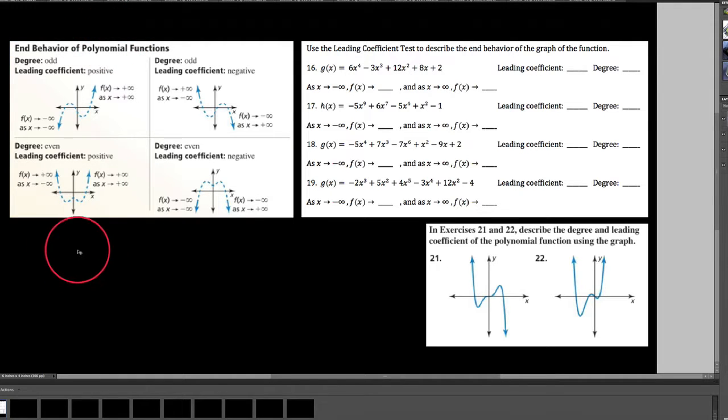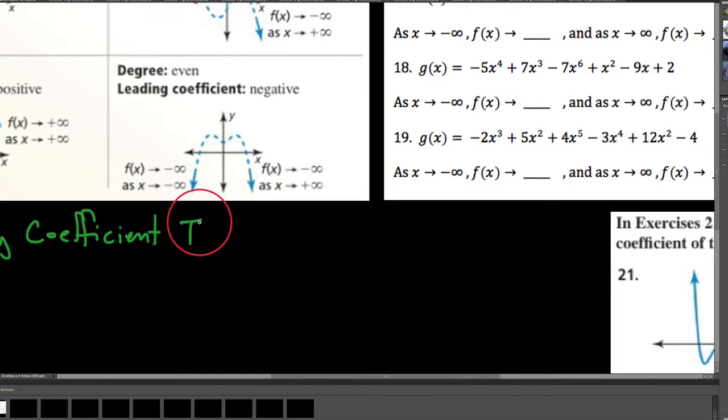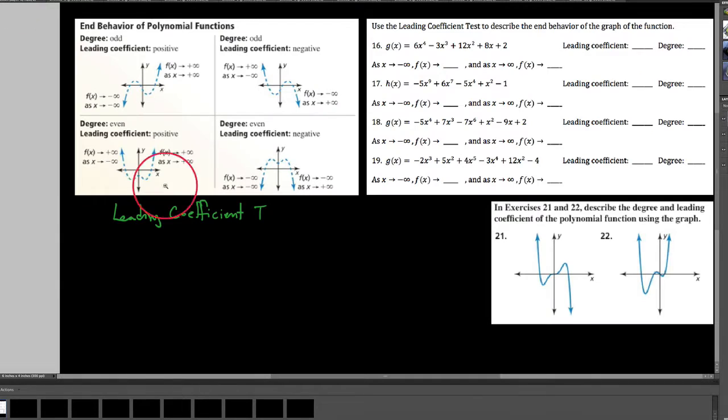What that means is if we have our polynomial and it's written in standard form, then we could use the leading coefficient test to tell us about the end behavior of the graph just by knowing the leading coefficient here. So let me fix my zoom. Okay, let me go back to my pen tool. So leading coefficient test, we're going to look at two things here. We're going to say leading coefficient and degree.